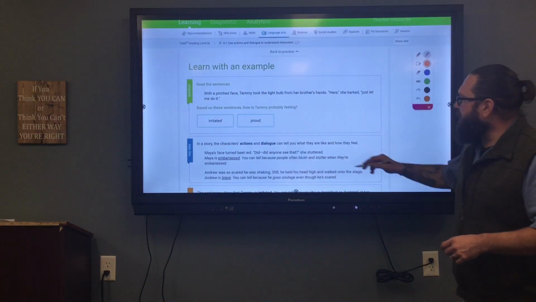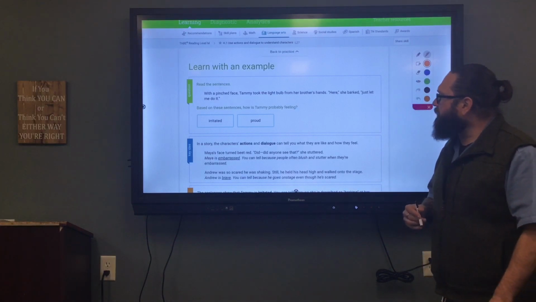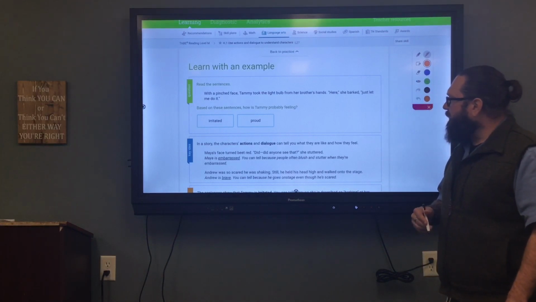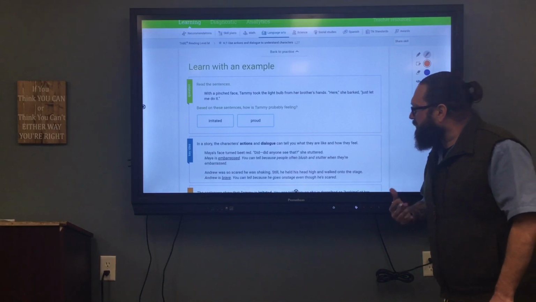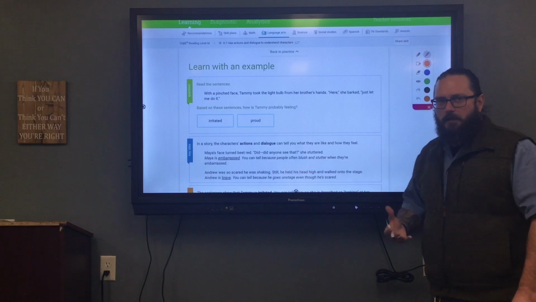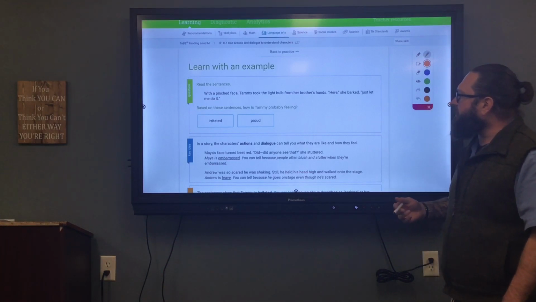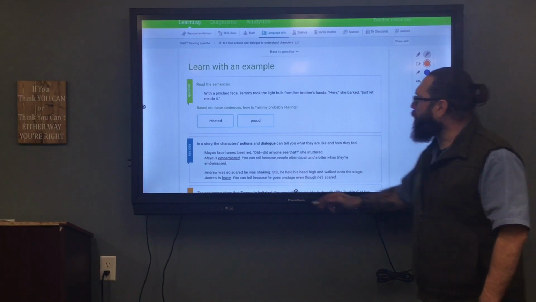As you see in our example here, we are told that Maya's face turned beet red. Did anyone see that? She stuttered. Maya is embarrassed. How do we know this? Because it says that her face turned beet red.